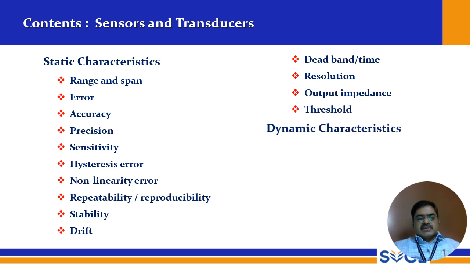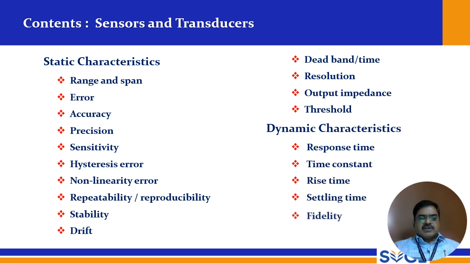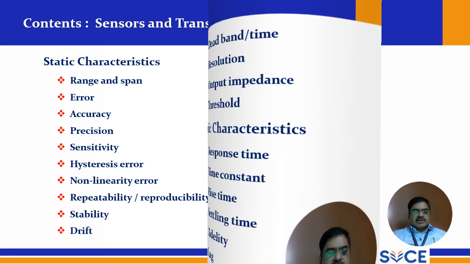And the dynamic characteristics are response time, time constant, rise time, settling time, fidelity and lag, so totally six characteristics. These characteristics we are going to discuss elaborately in our session today.